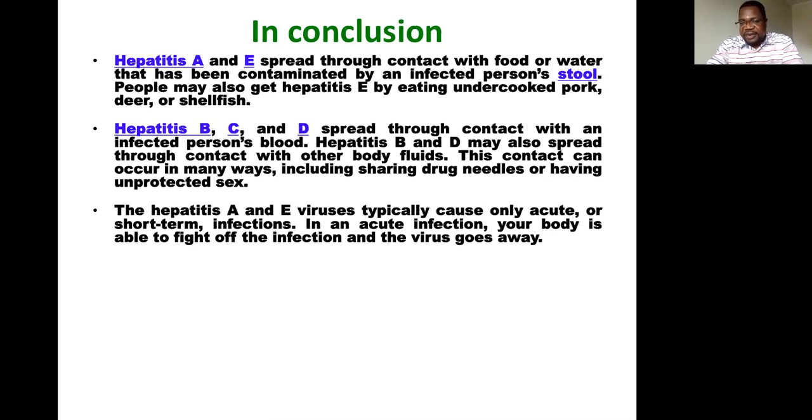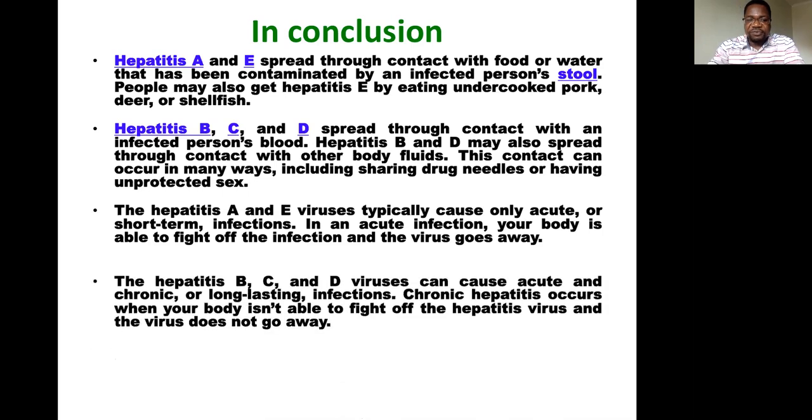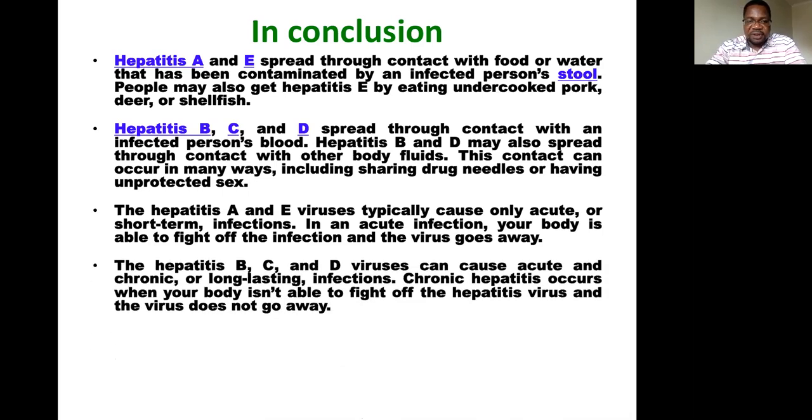Hepatitis A and E viruses typically cause only acute conditions that are short-term and in many cases resolve, unless they create fulminant hepatitis, a serious acute hepatitis infection. But in most cases, A and E viruses are self-limited conditions, so your body is able to fight them. On the contrary, hepatitis B, C, and D viruses cause both acute and chronic infection that are long-lasting.